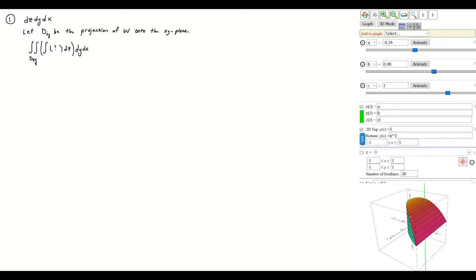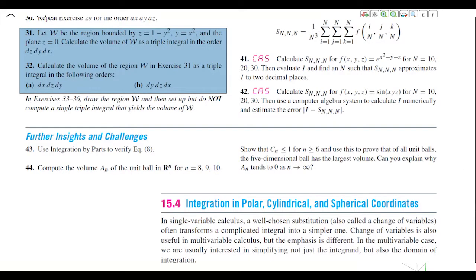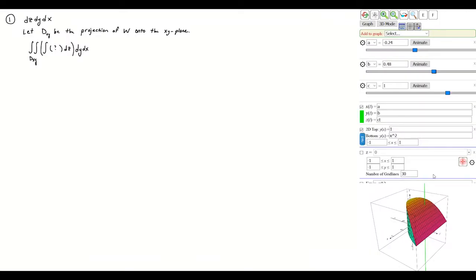Now for this problem in the textbook here, if I quickly remind you all of what the textbook problem that we were doing was, it was to calculate the volume of W. So for this, whenever you're doing volume, the function that you're going to be integrating here is going to just be 1. So I'll write that out here. For volume, your function of 3 variables for a triple integral is just equal to 1.